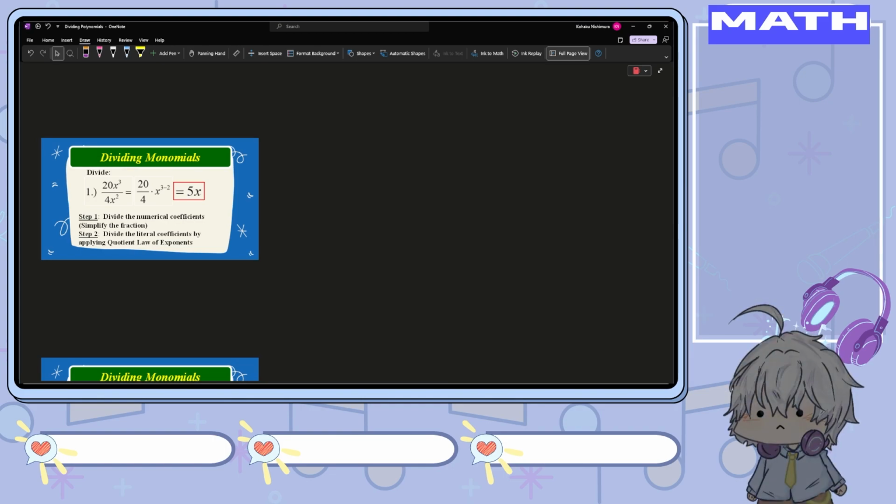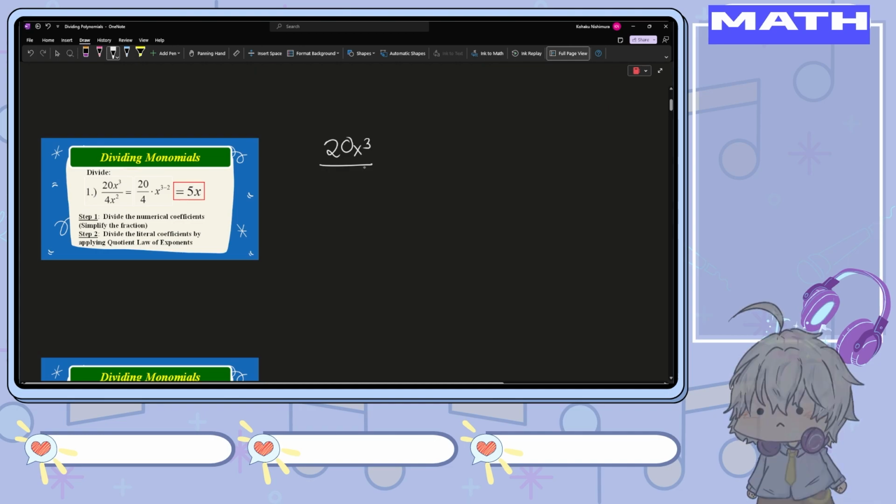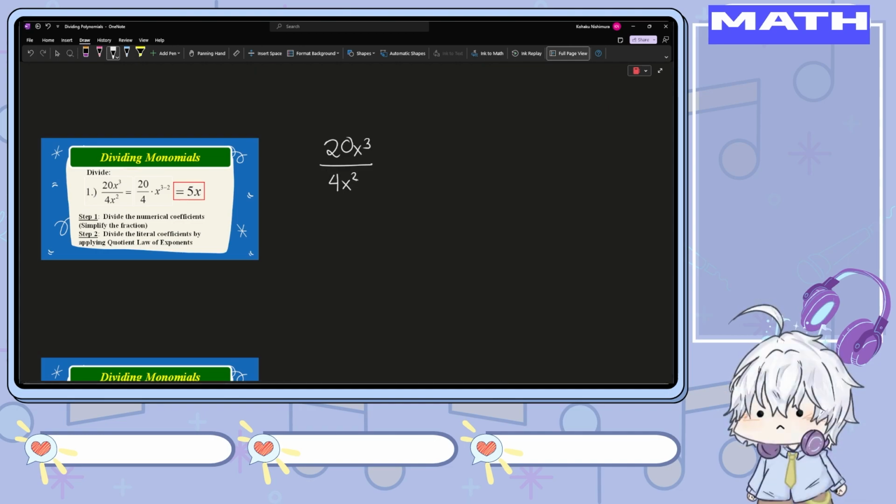Number 1, we divide 20x cubed over 4x squared. First things first, we divide using the following. The first thing we need to analyze is 20 divided by 4.